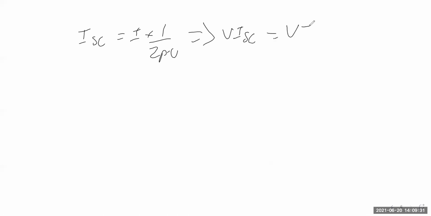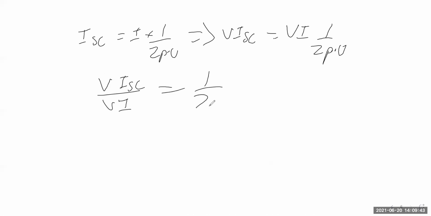If we elaborate that particular segment, ISC would equal to I into 1 by Z per unit, which can be written as V ISC equals to V I 1 by Z per unit. So we could write V by ISC by V by I is equal to 1 by Z per unit.